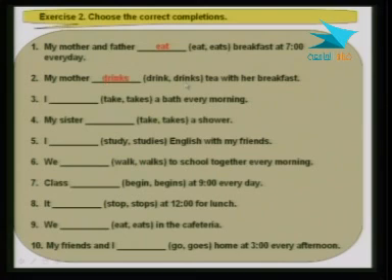Yes, it is correct to say drinks, not drink. So my mother drinks, and that s here is pronounced s because k is the final sound in the verb drink. My mother drinks tea with her breakfast.